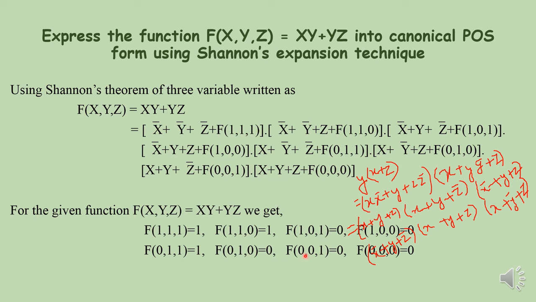Next is f of 0 0 1, that means x plus y plus z bar. This is also present, so here we write 0. F of 0 0 0, that is x plus y plus z. So this term is also present in this expression, so here we write 0.